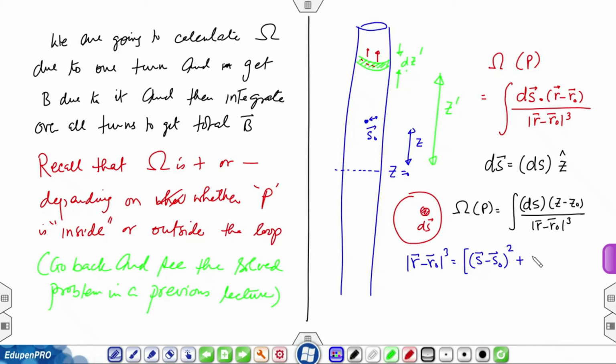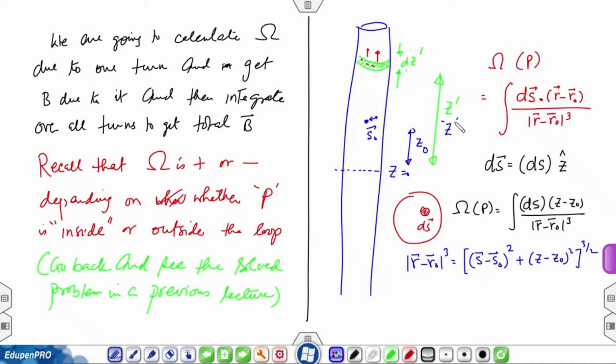Slight clarification, I have changed the notation here. So, this height of the point is S 0 and Z 0, and the height of the loop is at Z. Slight correction.